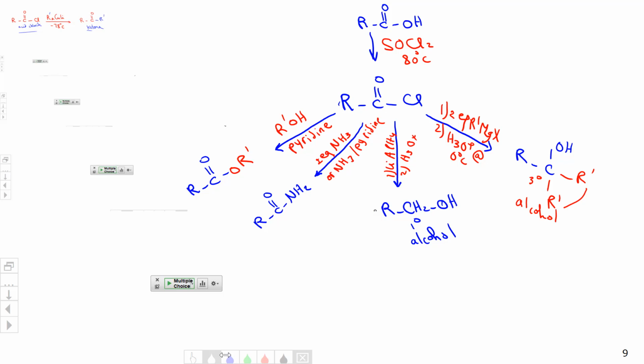The very last reaction is what we just talked about a minute ago, the prep of ketone by using organocopper lithium at minus 78 Celsius.